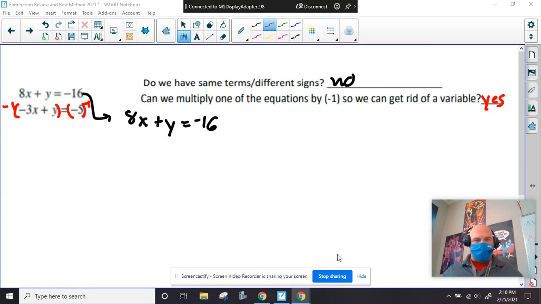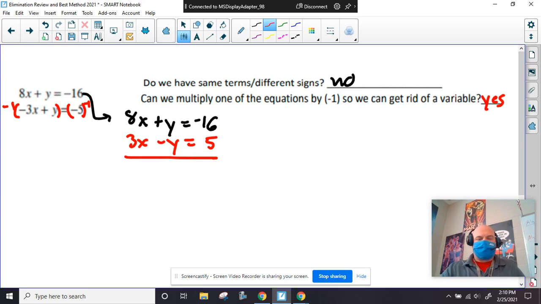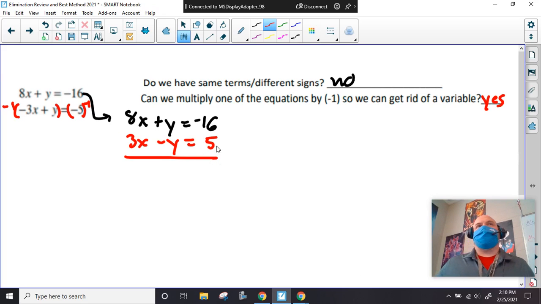Okay, so jumping back into this one, if I multiply all this by negative 1, now I have a positive 3x, a minus y, and a positive 5. Now I should have the same terms, different signs, because that's the goal. The goal is to get rid of one of these variables.